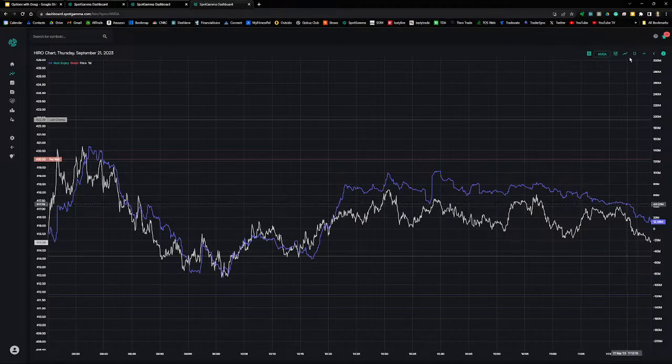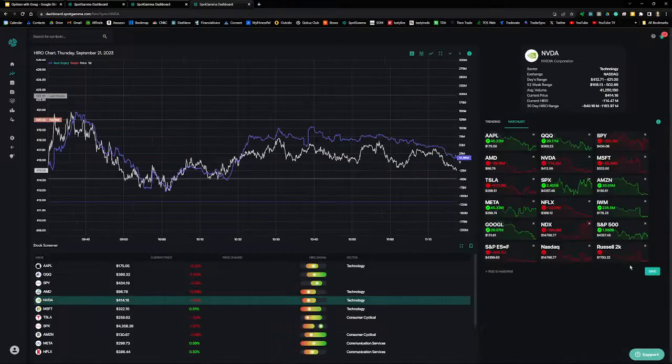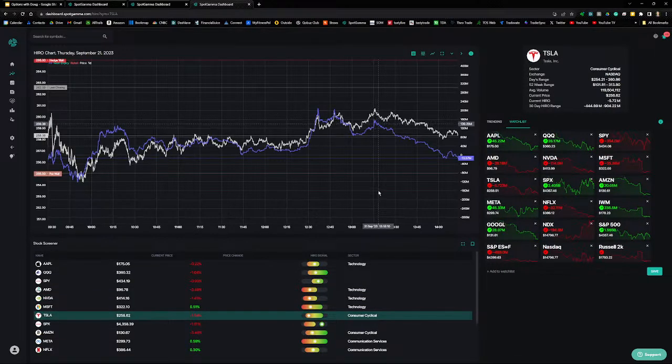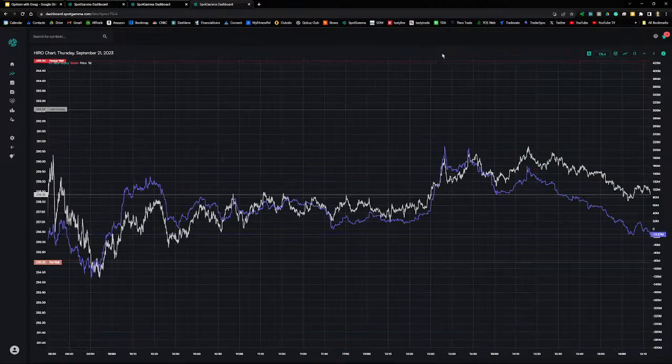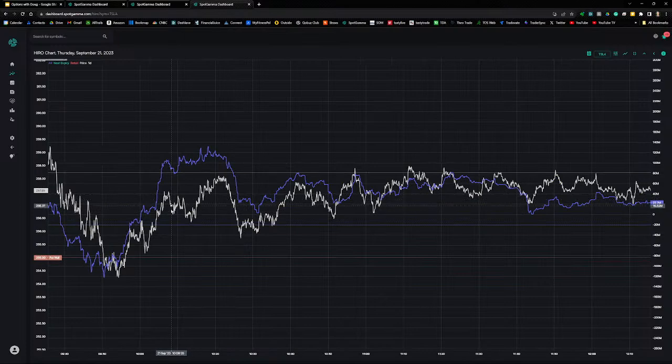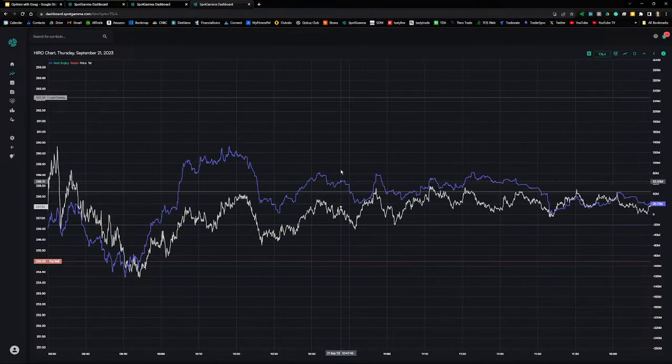The last setup I want to take a look at is the stock Tesla. So Tesla, there was a divergence long setup right around 9:55.